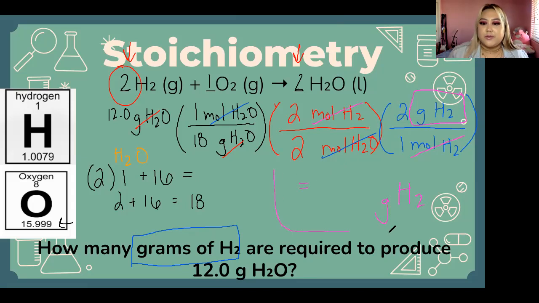H2, anyone want to answer that? So 12 divided by 18 times 1 times 2. 1.33.